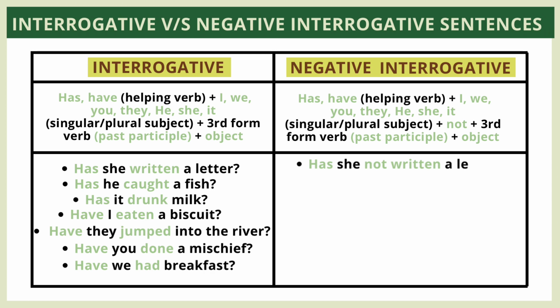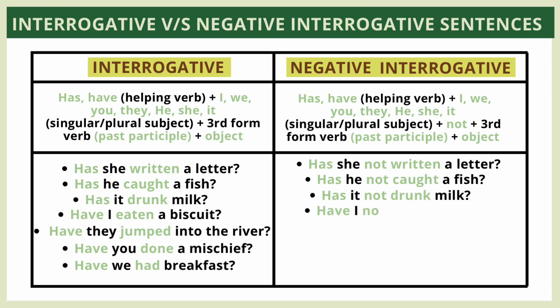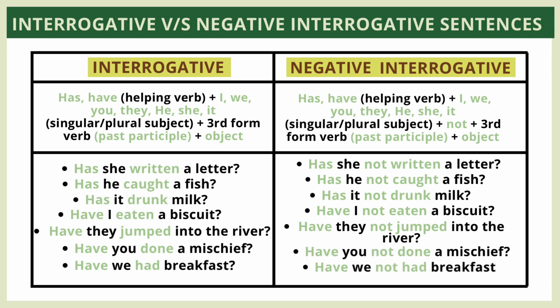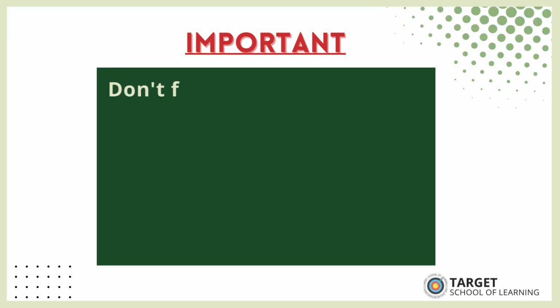For instance, has she not written a letter? Has he not caught a fish? Has it not drunk milk? Have I not eaten a biscuit? Have they not jumped into the river? Have you not done a mischief? Have we not had breakfast?